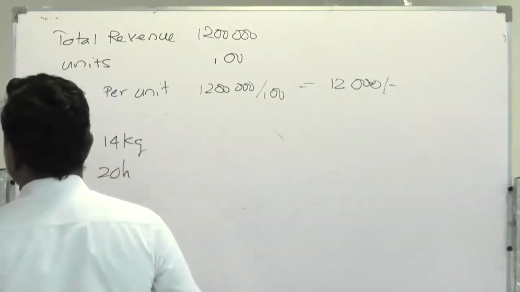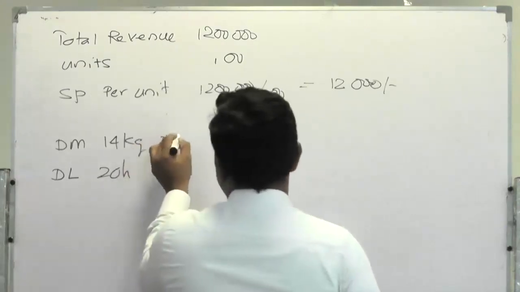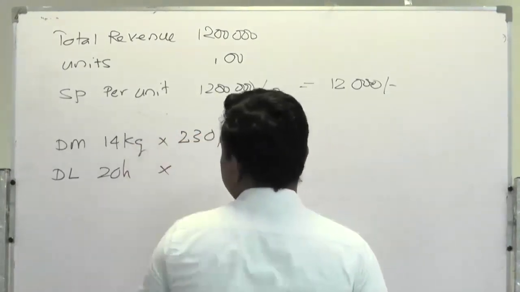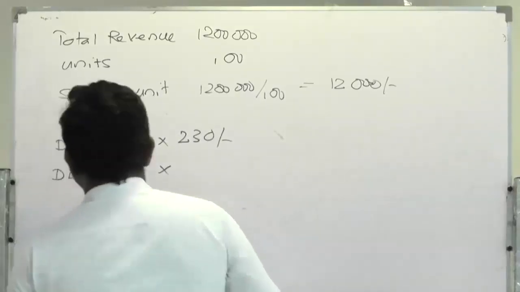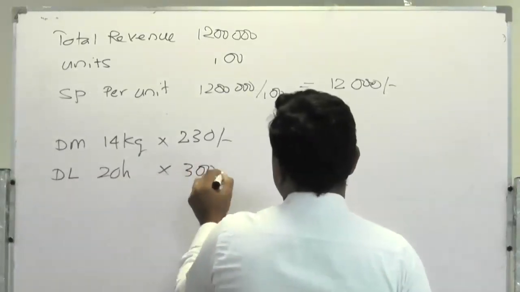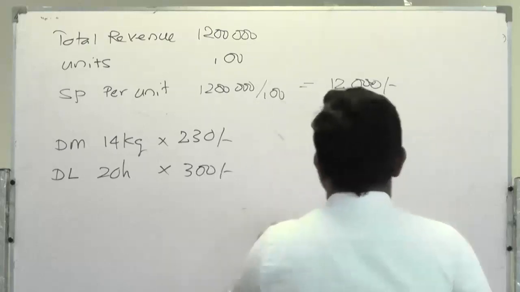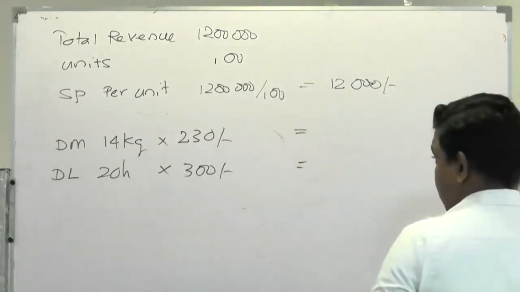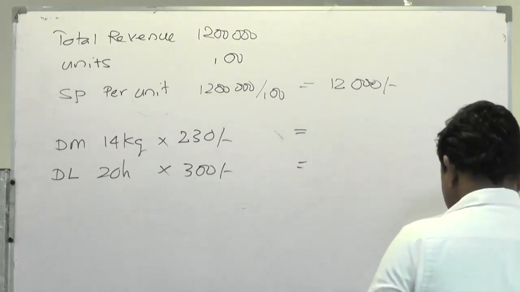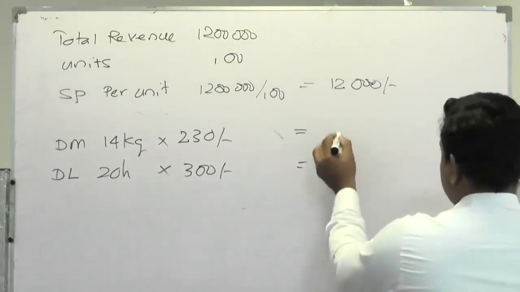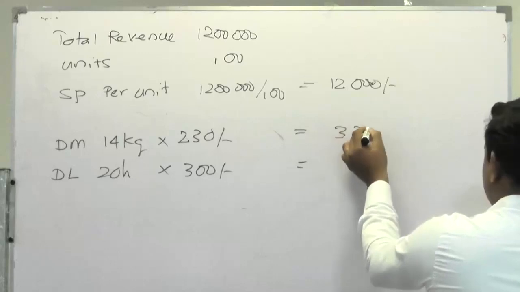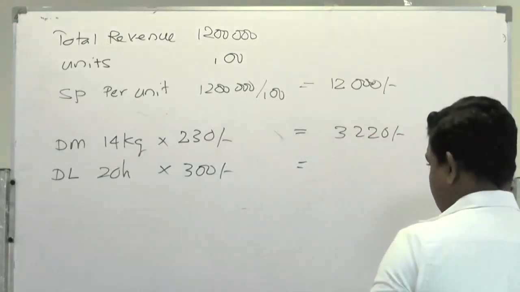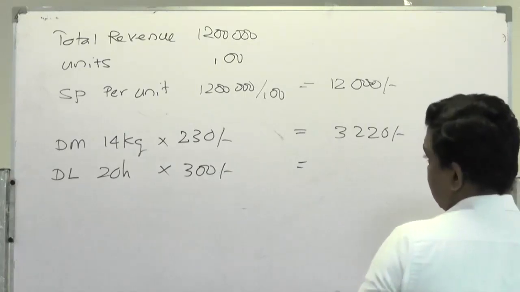The price per kilogram is 230 rupees and the price per labor hour is 300 rupees. Therefore, per unit material cost will be 14 into 230, that is 3,220. Labor cost will be 6,000.